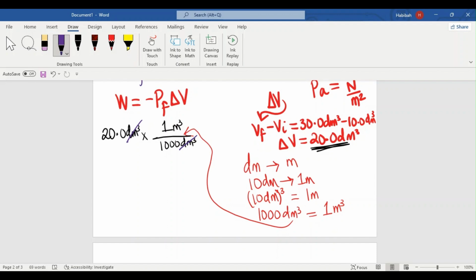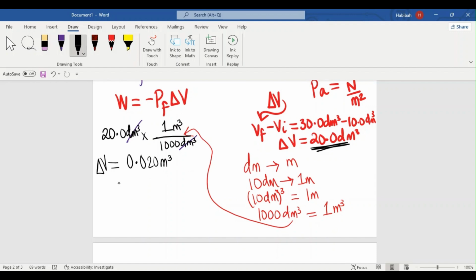So that's 20 times 10 to the power negative 3, which is the same thing as the change in volume in terms of meter cubed being 0.020 meter cubed. So this is what we're actually going to input in this particular equation.